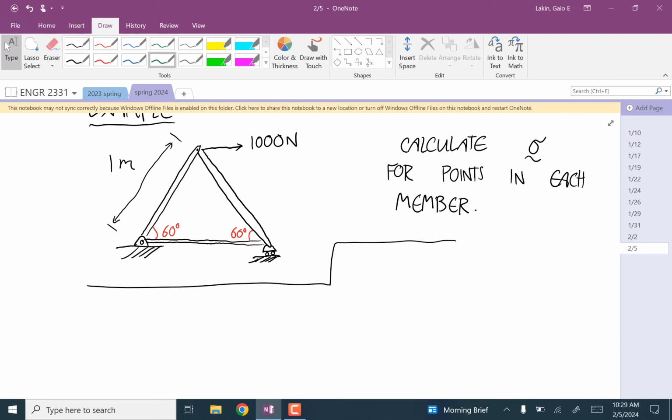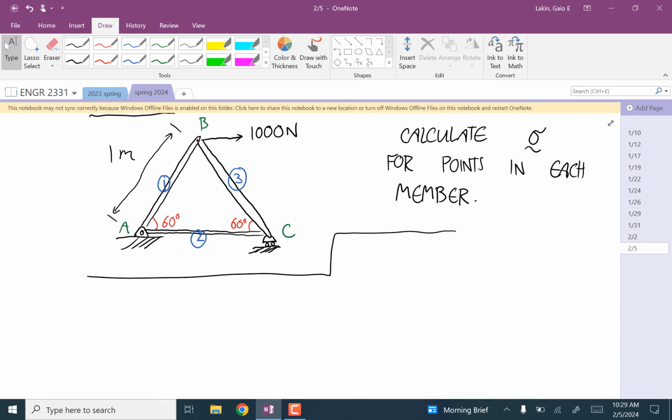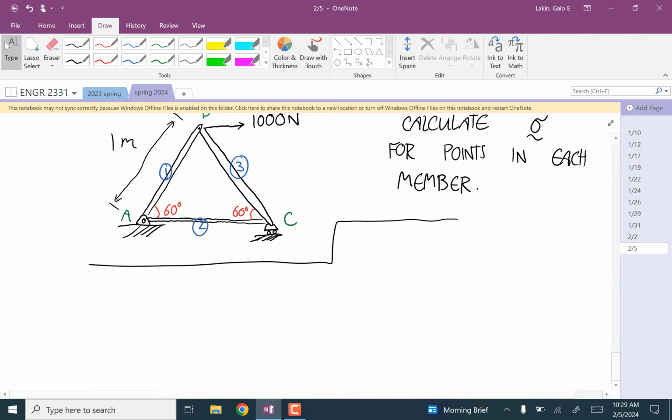Okay, I'm going to label these joints. I'll call this A, B, and C. And I'm going to label the members. I'll call this one 1, 2, and 3. Okay. And so I'm just going to go through the joints one by one until I have enough equations to solve this system.